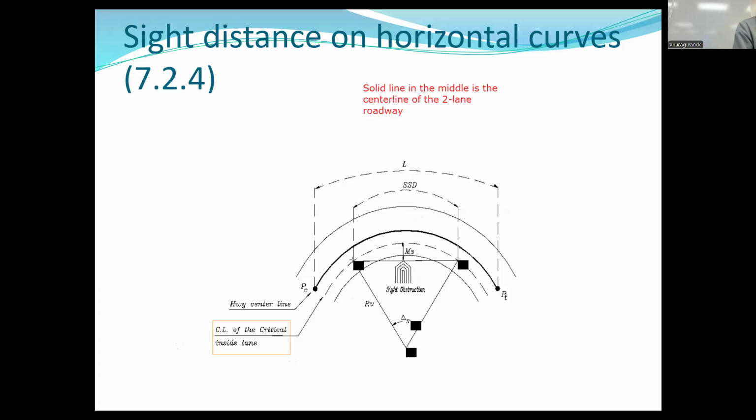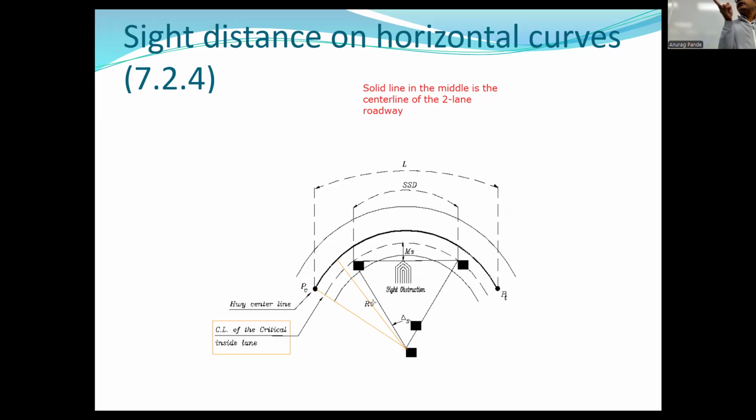Then we have the main curve, from the highway center line, PC and PT. The radius measured is R. If you draw this line right here, this is going to be your R. And if you measure this radius, this is also going to be R. So these radii are all R, but then you are measuring another radius to the center line of the inside lane.